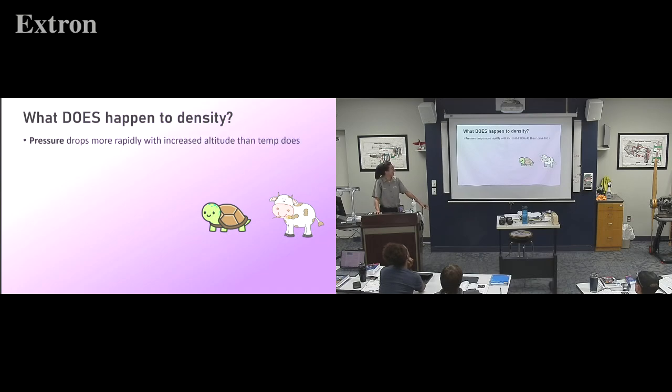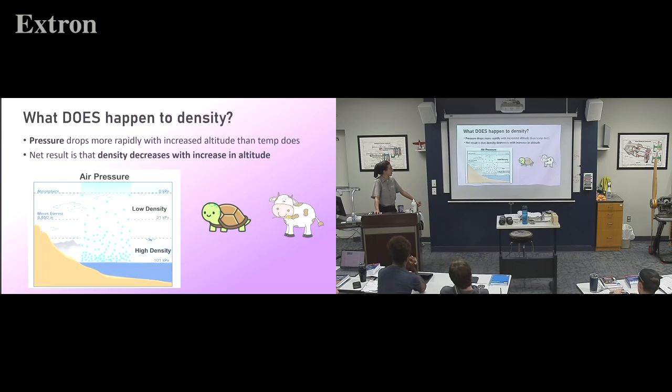Yes. Pressure drops much more rapidly with the increase of altitude than temperature does. So, the net result is that density does decrease with altitude. So, turtles win the day, cows, sorry, bye-bye.